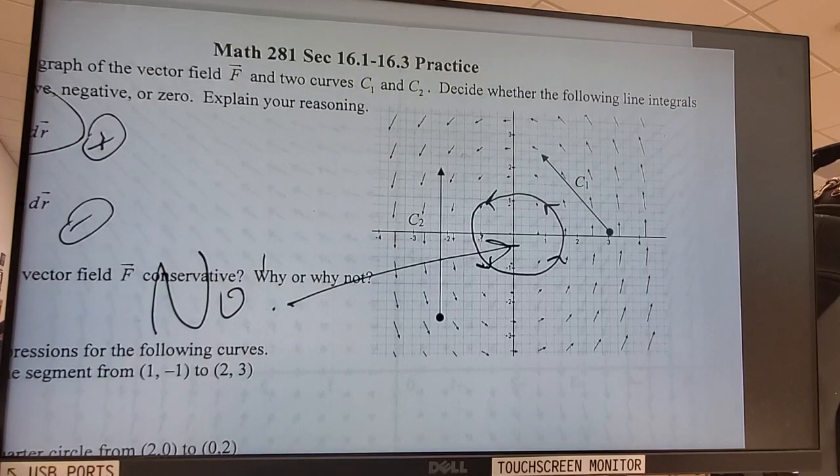Maybe you can use the picture to help you remember. What is one way to determine if a vector field is conservative? This is the not so practical way to do it. Oh wow, cool. Yes. If you draw a closed loop, it will always be zero. Yes, all the contributions of the vector field around that closed loop will be zero.